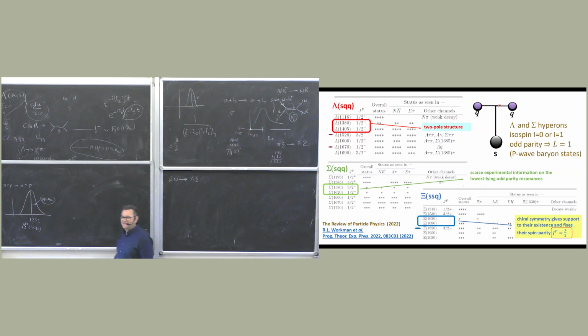That could happen. Why not? I am not violating any quantum number. I can have K bar N going to pi sigma, and then pi sigma going to K bar N, and so on and so forth. And I have more channels.